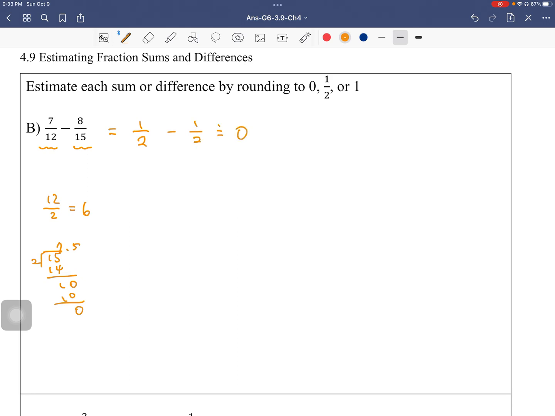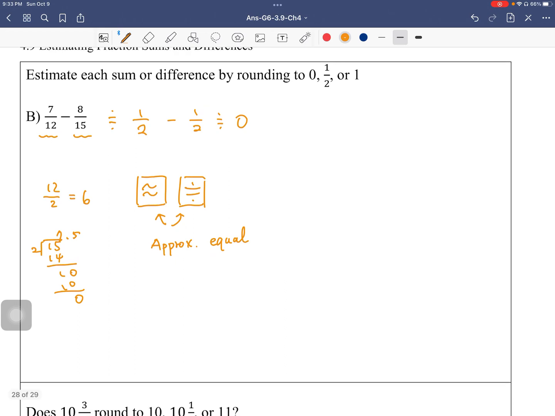So this is about 0. When I estimate, I'll use this symbol, approximately equal, and these two are both approximately equal.